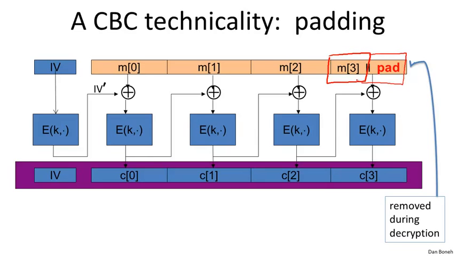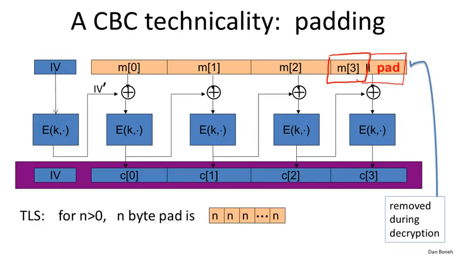And this pad, of course, is going to be removed during decryption. Here's a typical pad, the pad that's used in TLS. Basically, if you pad with n bytes, then you write the number n, n times. So for example, if you pad with 5 bytes, you pad with the string 55555, 5 bytes where each byte is the value 5.